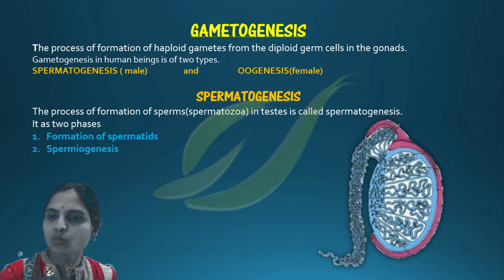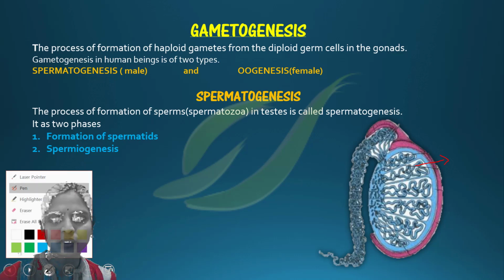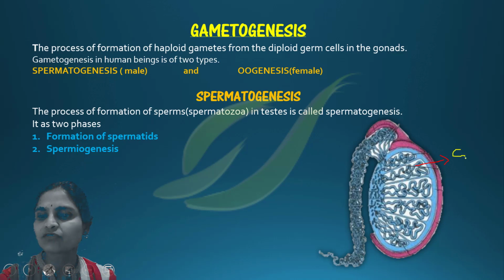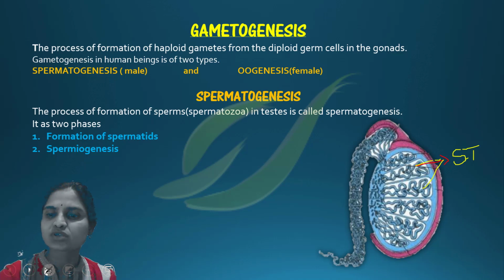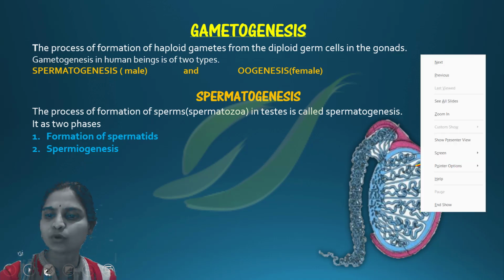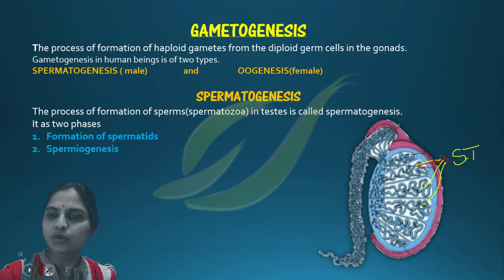As we have already discussed about the testis, the TS of testis shows this structure, where a testis consists of seminiferous tubules. This is the place where spermatogenesis, the formation of sperms, takes place. Once the sperms are produced in the seminiferous tubule, they enter the rete testis.